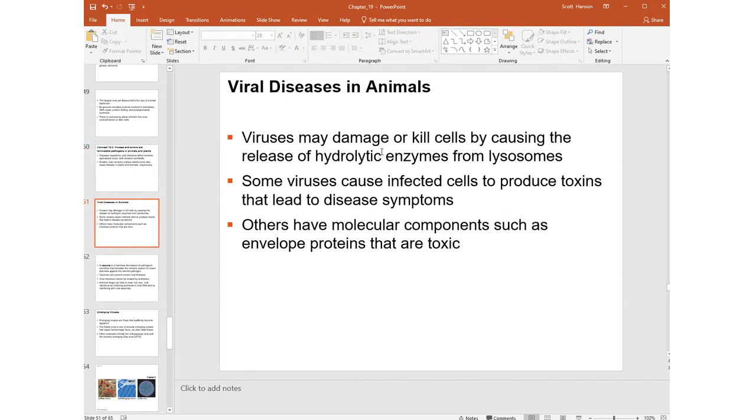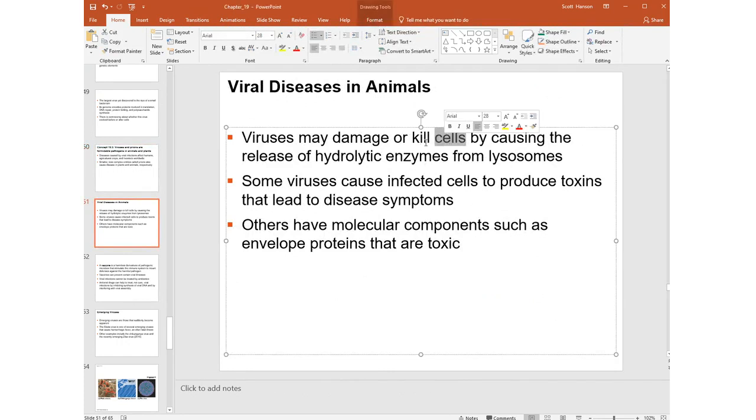Viruses can damage or kill cells by causing the release of hydrolytic enzymes from the lysosomes inside the host cells. Some viruses cause infected cells to produce toxins that lead to disease symptoms and cause disease in the animal's system and body. Other viruses have molecular components like envelope proteins that are also toxic to the host animal.